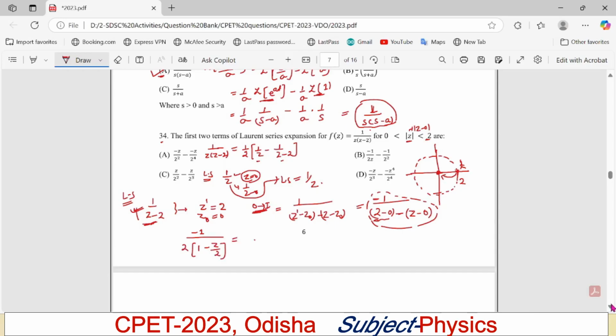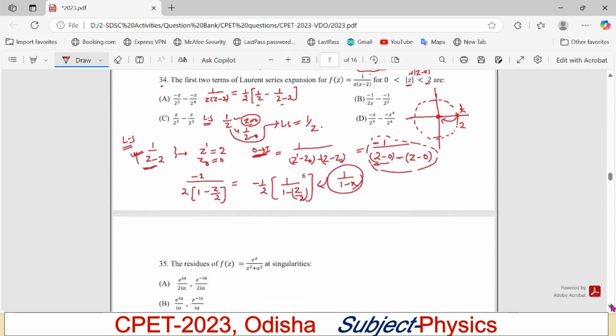So this equals minus 1 by 2 into 1 by 1 minus z by 2. This bracket is in the form of 1 by 1 minus x.